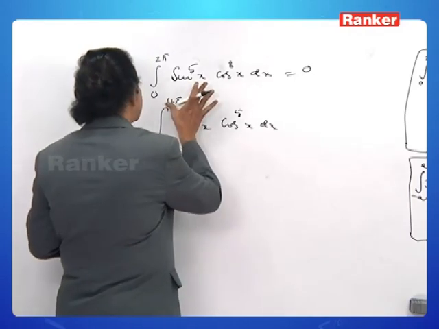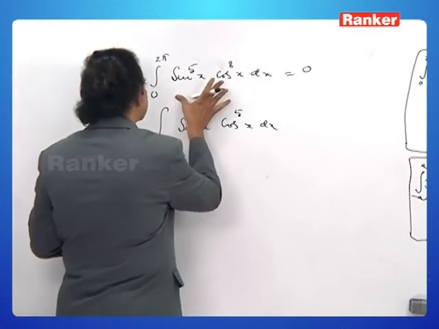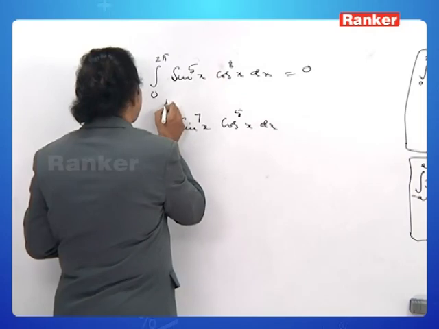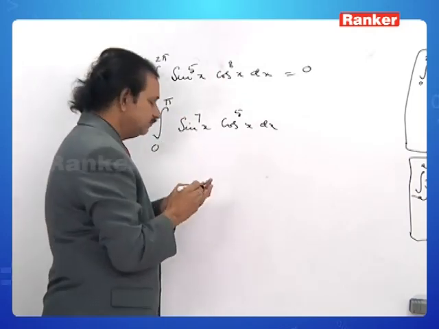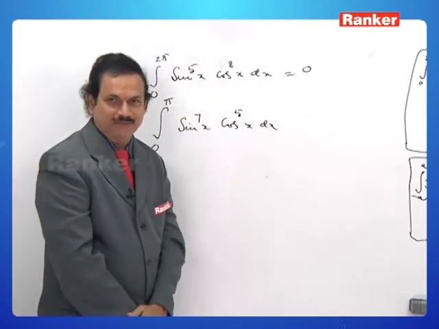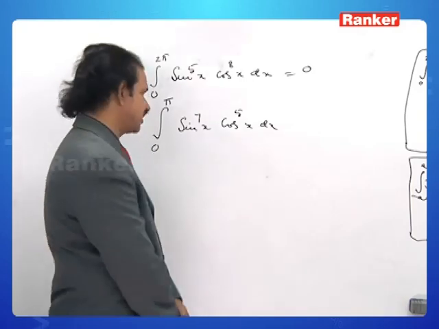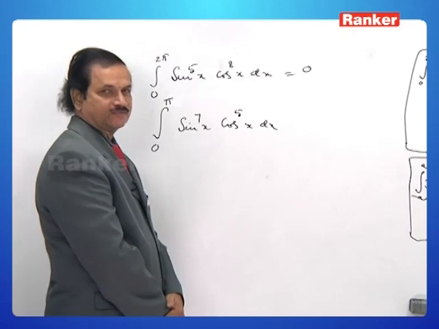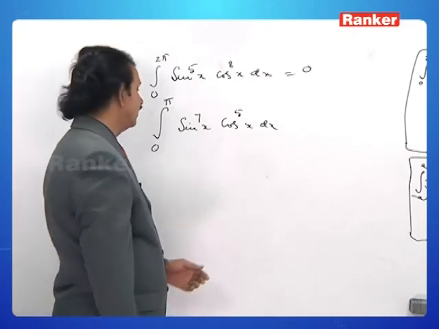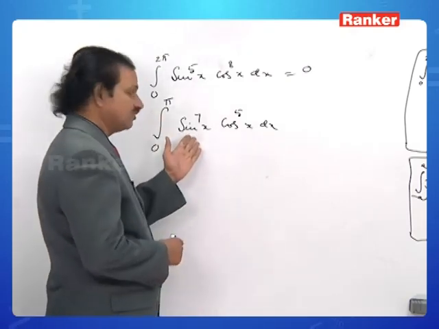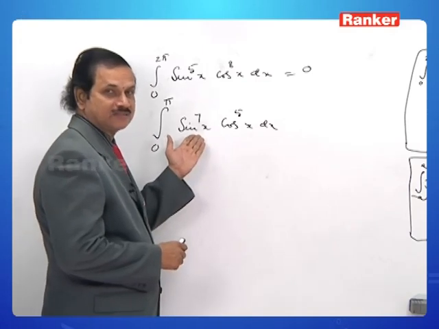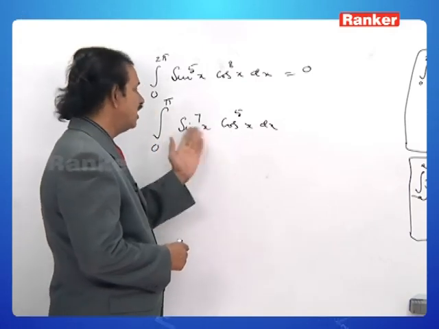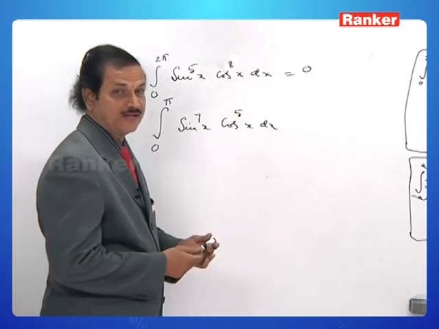Well, I change the limits like this. Now tell me, what happens to this case? What happens to this case? Sin of pi minus x is sin x power 7, positive, but cos of pi minus x is negative, so again it is 0.